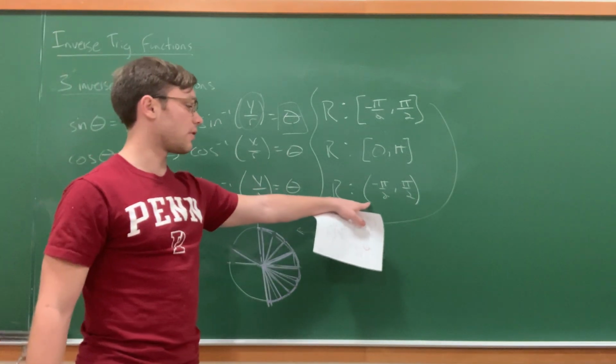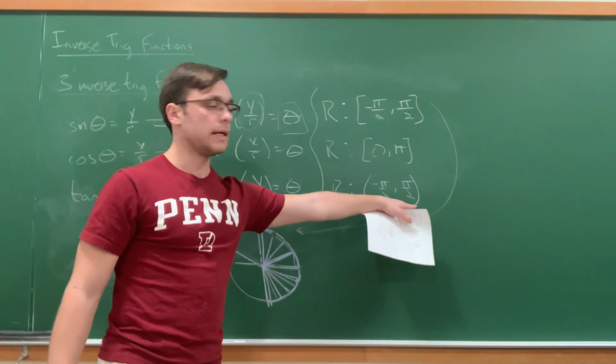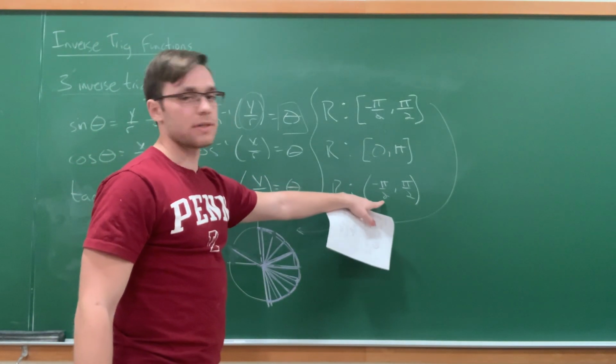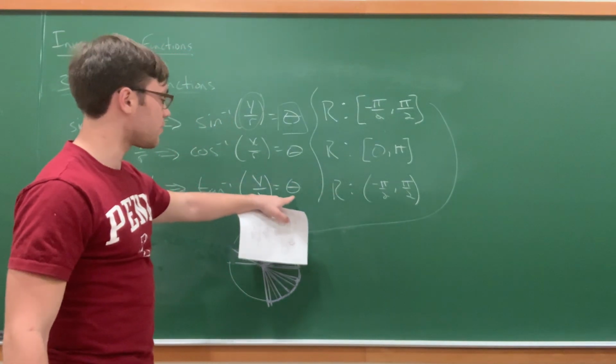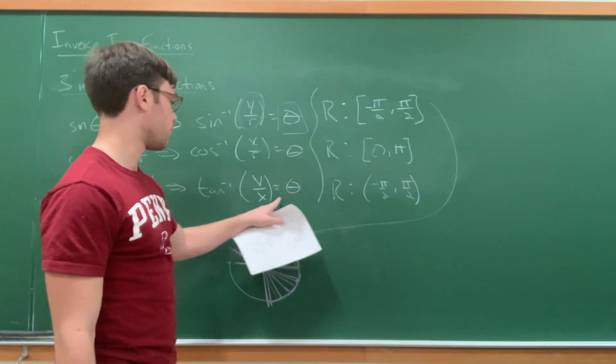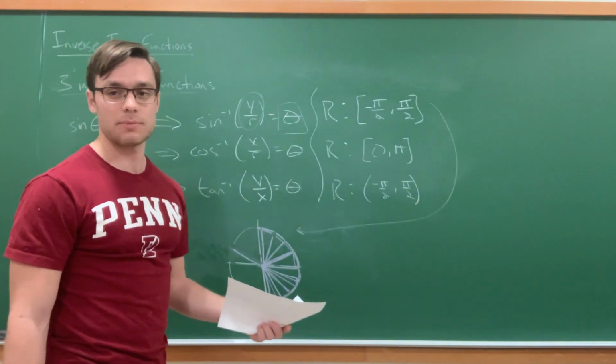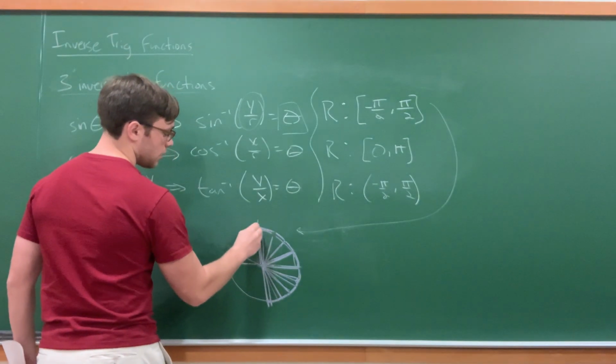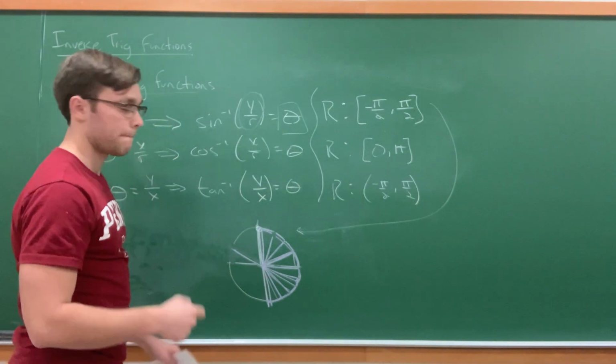The reason why these are exclusive is because, what happens when it's -pi/2? When the theta value is -pi/2 for tangent, it doesn't exist, because at pi/2, you're here, vertical, and your x value is 0.